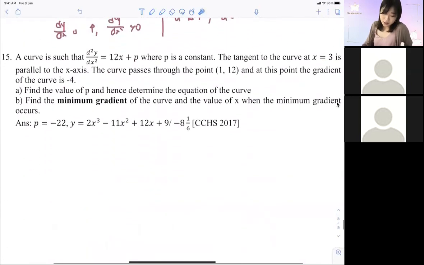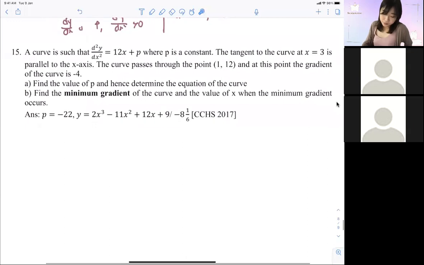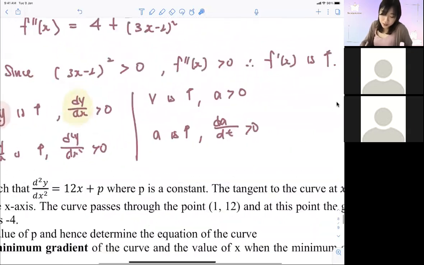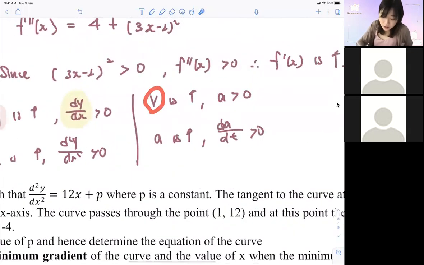I'll move on. What is V and A? V is velocity and A is acceleration, your kinematics. I can test you on increasing and decreasing in kinematics. I can ask you that velocity is increasing, so you must know that the differentiate of velocity is more than 0.